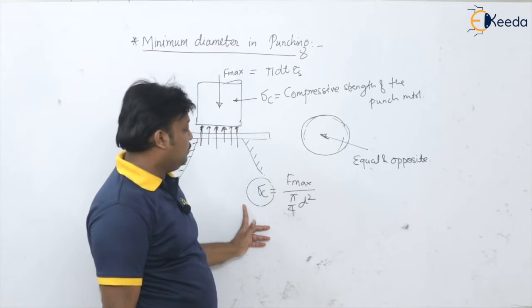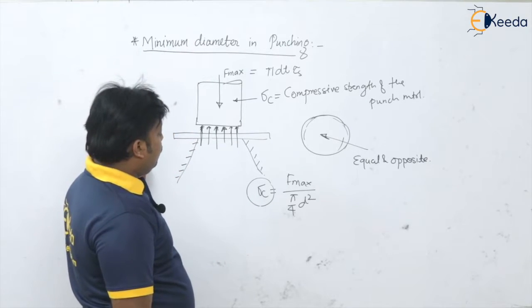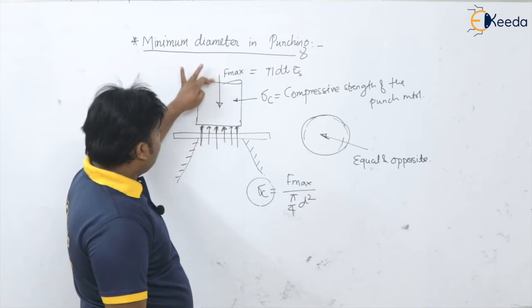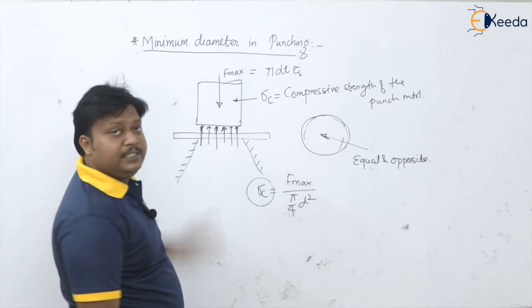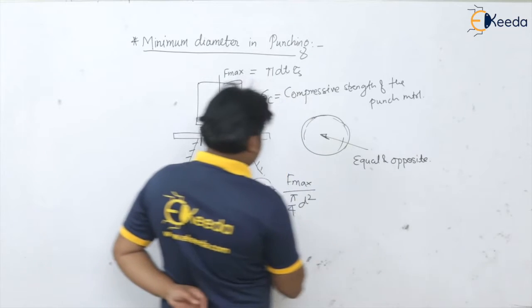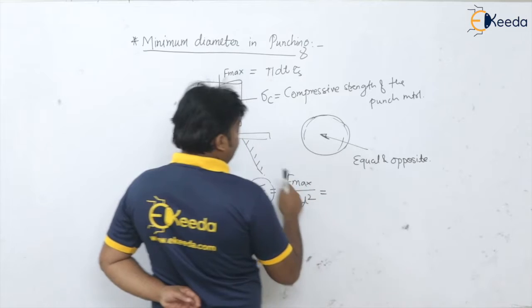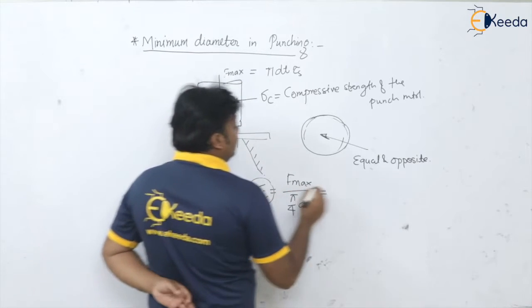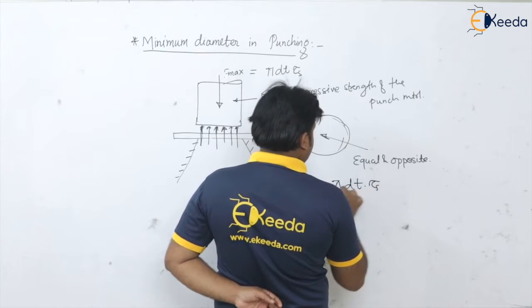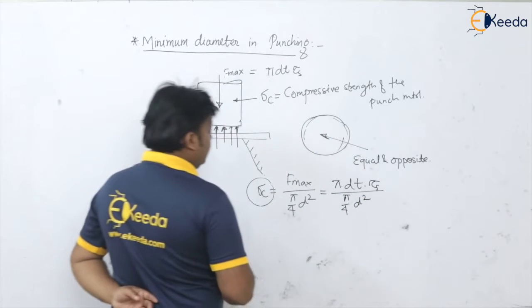This is the allowable compressive strength of the punch material. These two are the same. Okay, equal and opposite direction. So here we have sigma c equal to F max divided by pi by 4 d square. Now you know what our F max is, how much force is going to act here? That is pi times d times t into tau s divided by pi by 4 d square, isn't it?